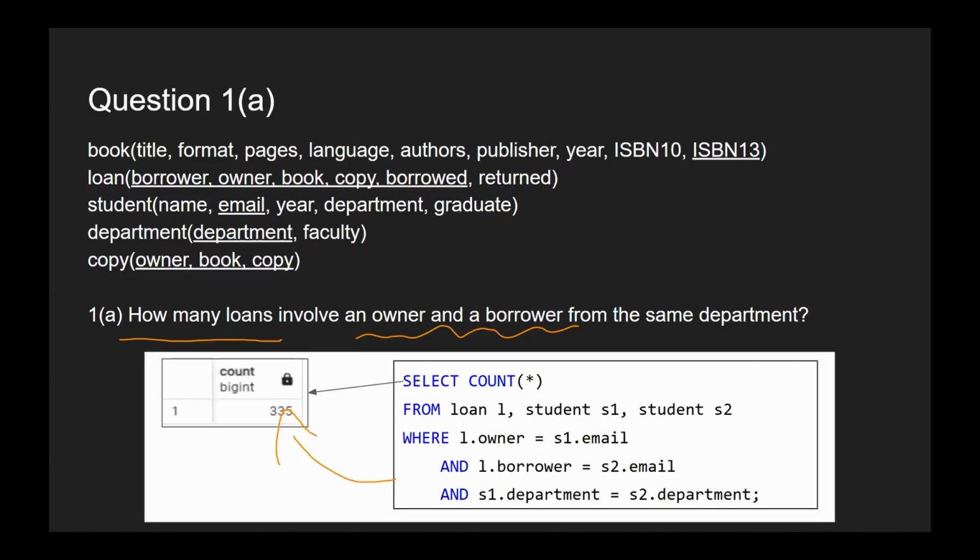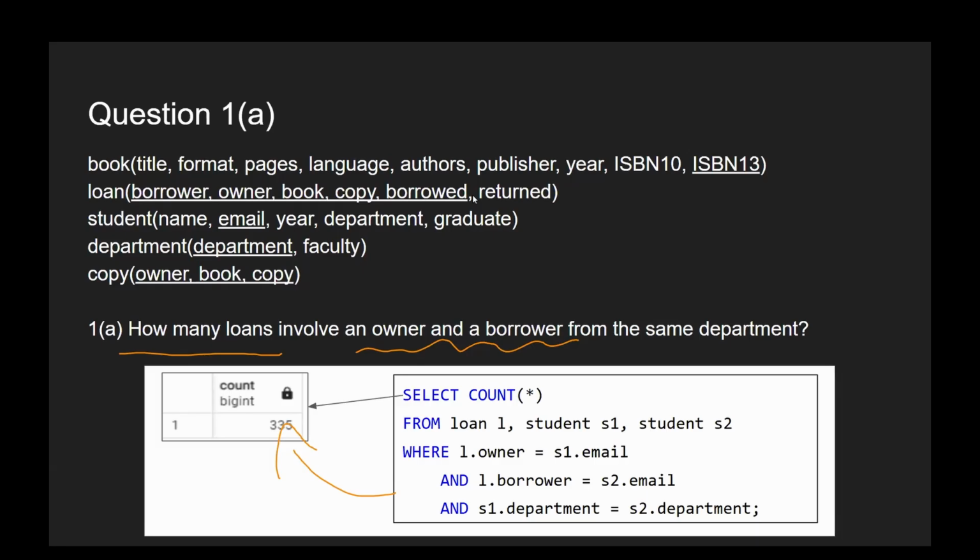This should be simpler because it is still not a nested query yet. But I have something to tell you. If you look at this, you'll see there are two student tables here, S1 and S2, in the query. I still remember some students asking me, is it possible to not have this table S2? Can we just use S1 instead of S2? Let's take a look.